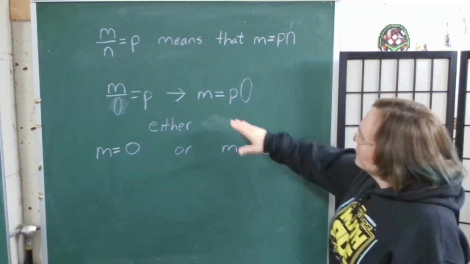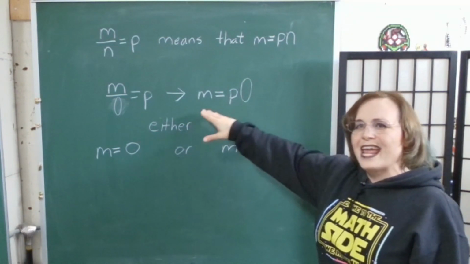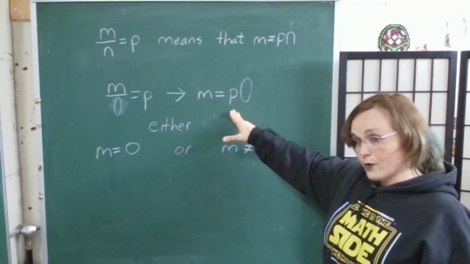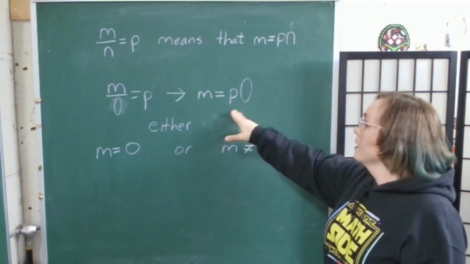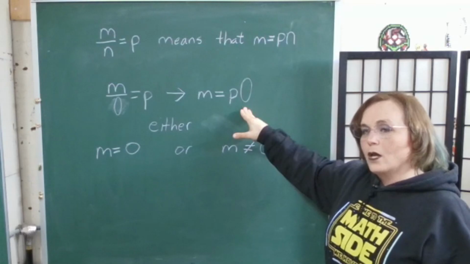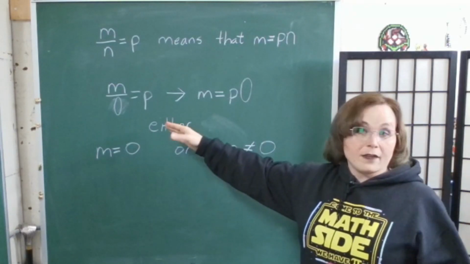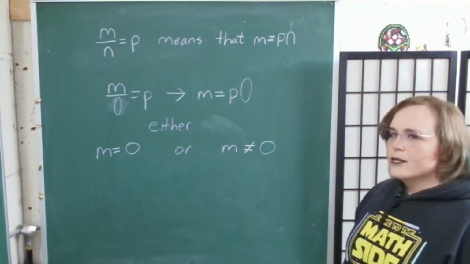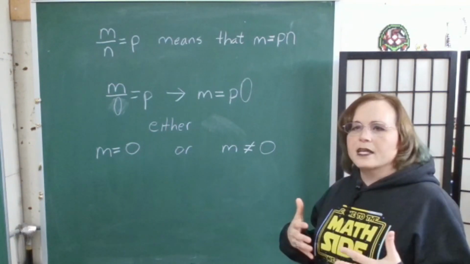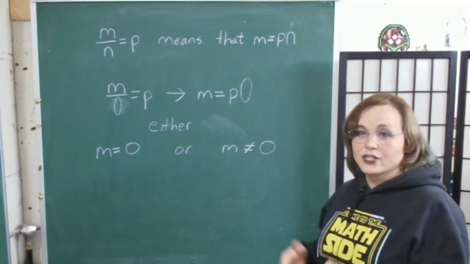And this gets us into an interesting situation. M is equal to some number, a number, okay, times 0. If this is something that can be done, if this exists, okay? And we can easily show what's happening here by breaking this into 2 situations.